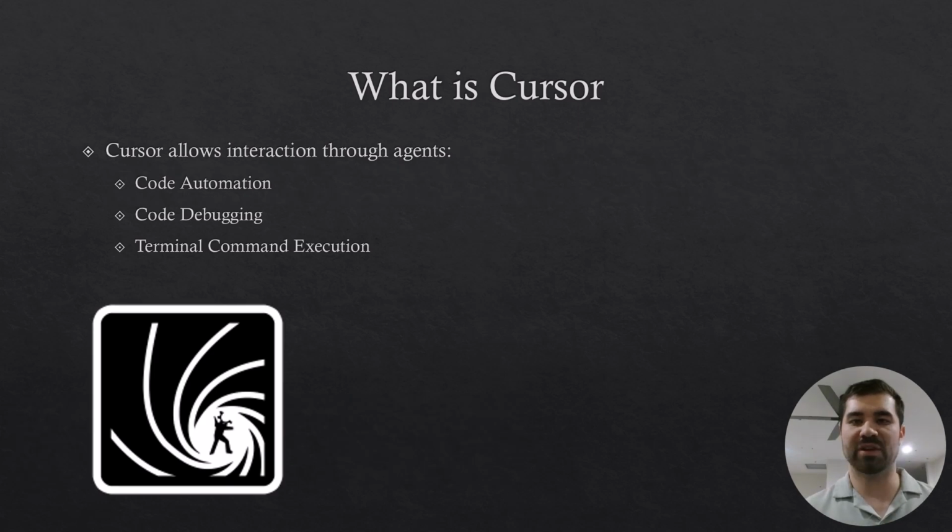We interact with Cursor through the use of its AI agents. This is done via the chat window. Much like communicating with a classic LLM, think of ChatGPT, we put in our command of what we want it to do, and then this command will be run through the agent.